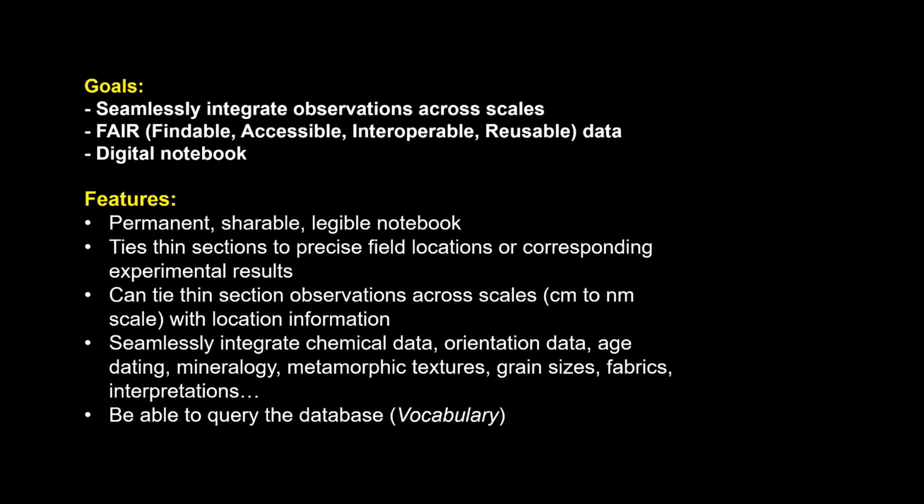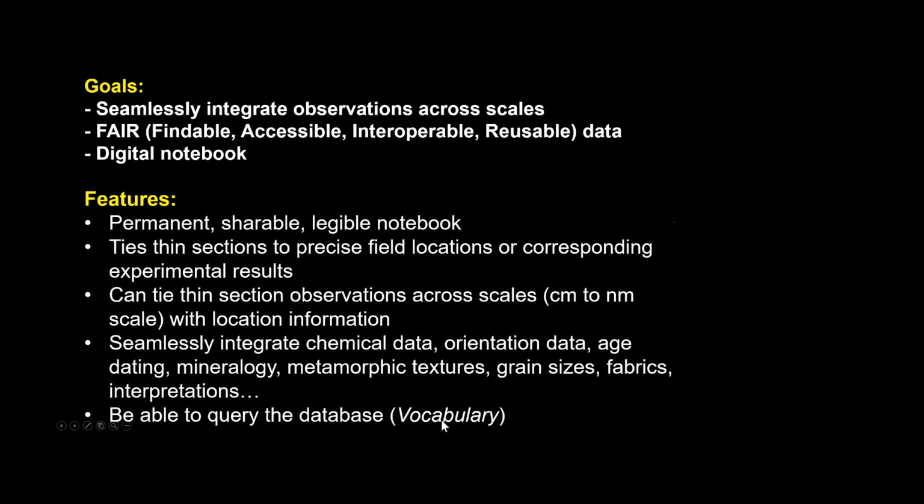We want Strabo Micro to serve as a digital notebook so that you can quickly share observations between colleagues and students. We want it to be permanent, shareable, legible. We want to be able to tie thin sections to precise field locations or corresponding experimental results, and quickly move across scales.